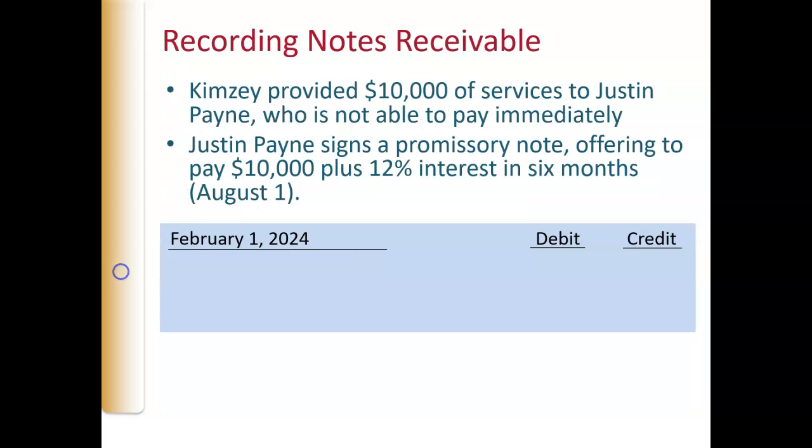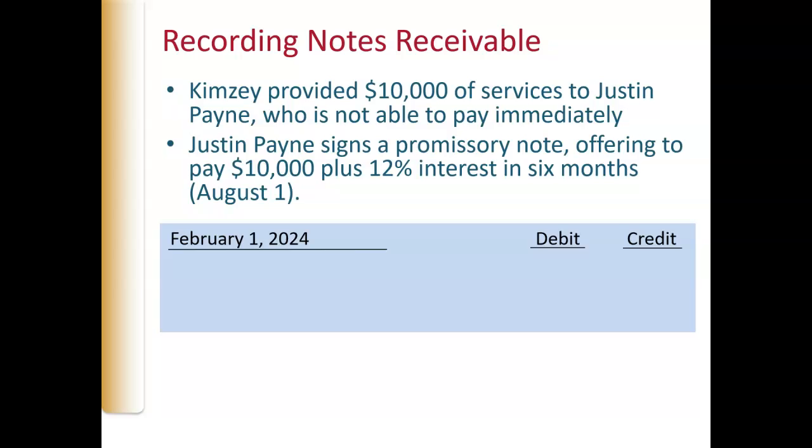If Kimsey provided $10,000 of services to Justin Payne, who is not able to pay immediately, Justin signs a promissory note offering to pay $10,000 plus 12% interest in 6 months. Initially, on August 1st, the note receivable was put into place, okay?